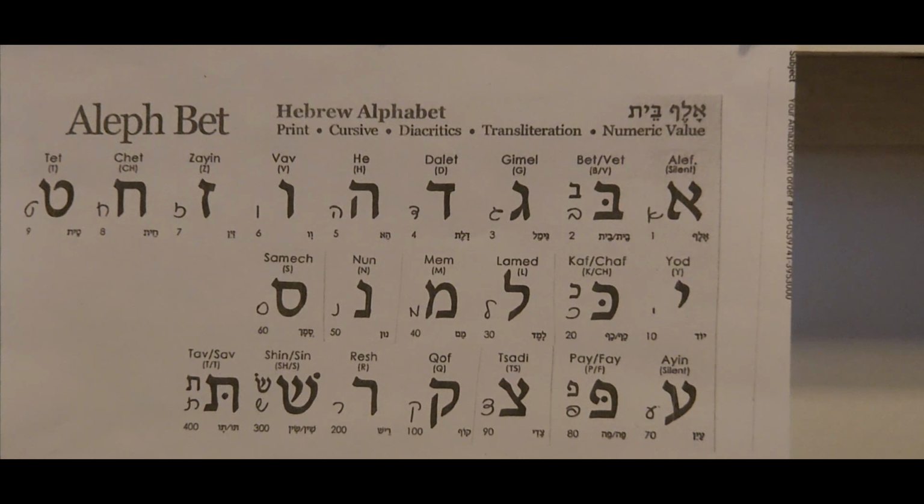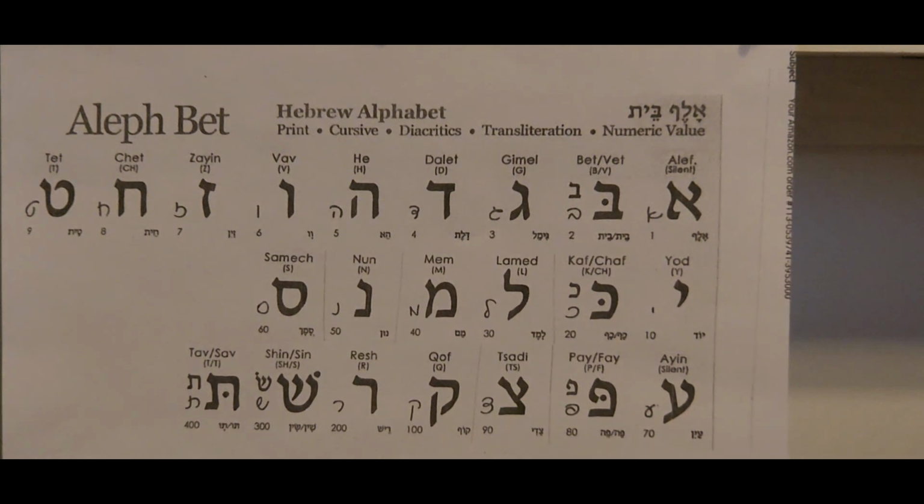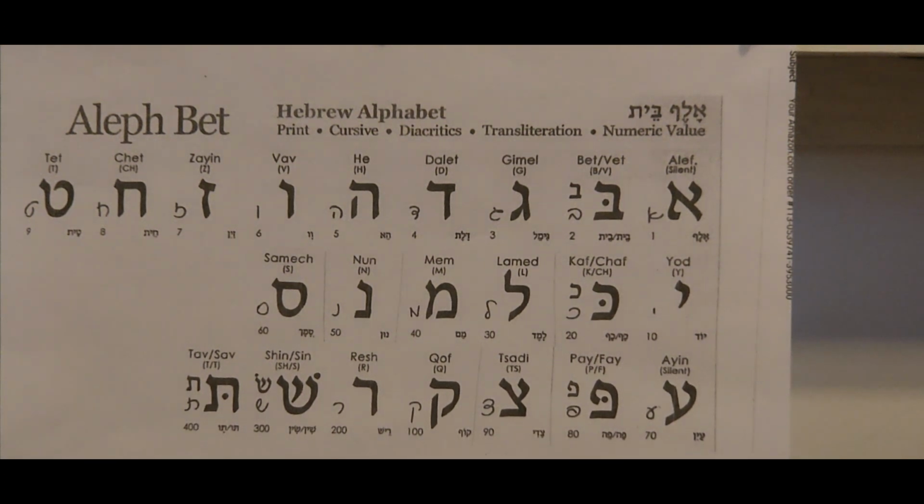As promised, I have simplified things a great deal. I've gotten rid of the diacritics, so the bottom line no longer exists. I've gotten rid of the 5 letters that are repeated in the final form. And so here are the 22 letters that we're going to study.